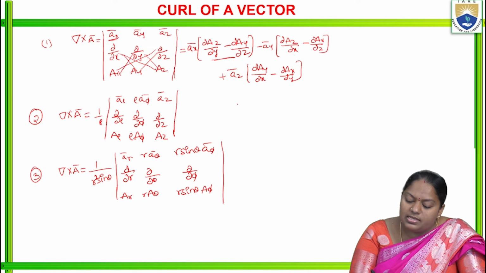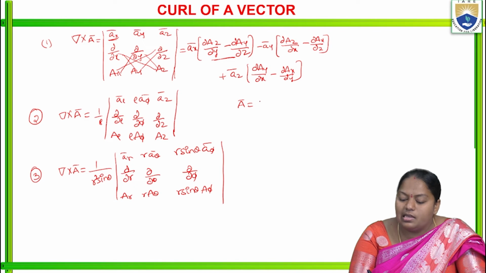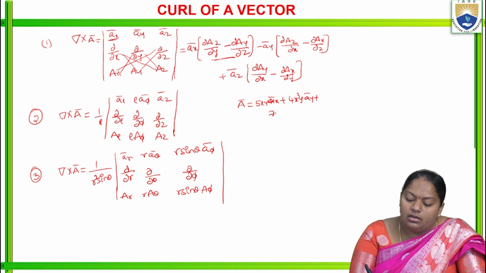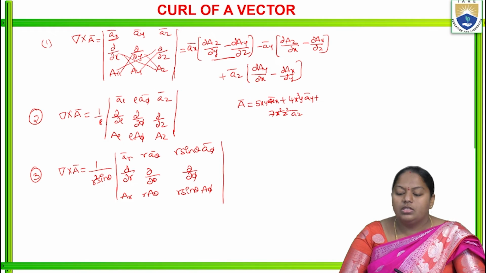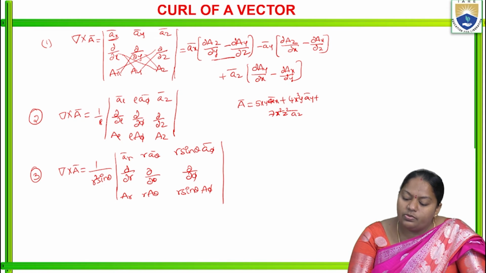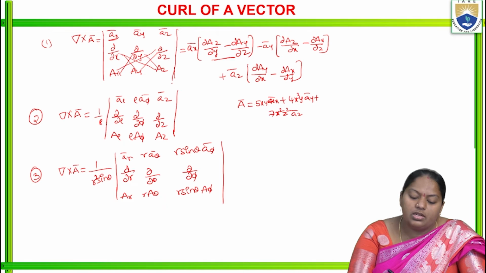Now consider one simple example. If a vector A is given as A bar equal to 5xy ax plus 4x cube y ay plus 7 x square z square az. Now x, y, z are the three variables, so we use the del cross A bar formula.